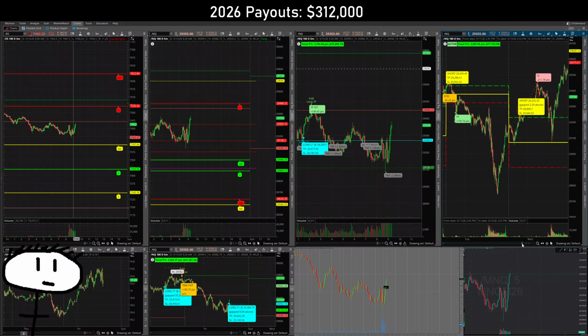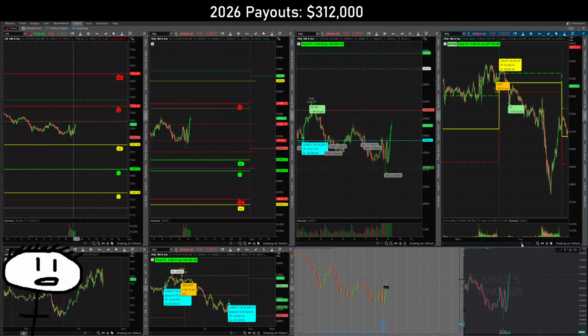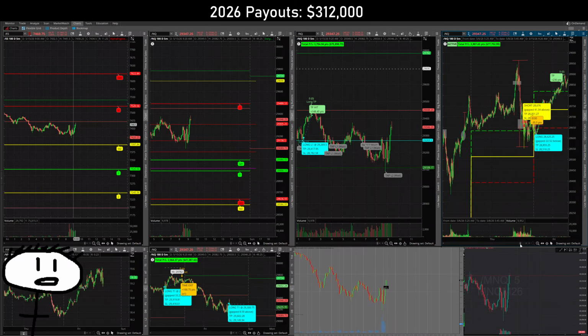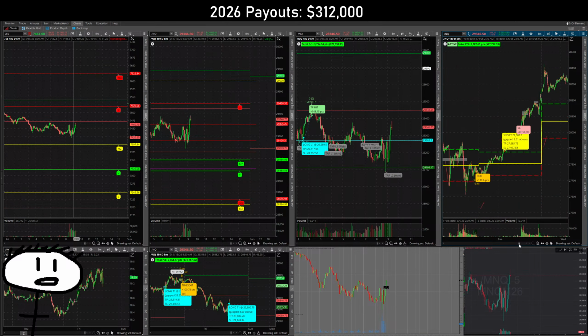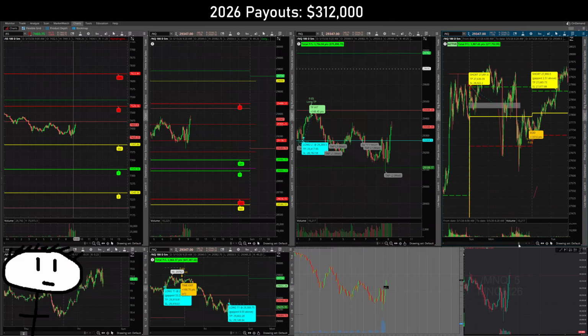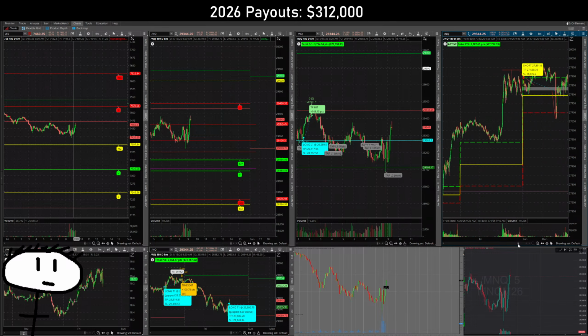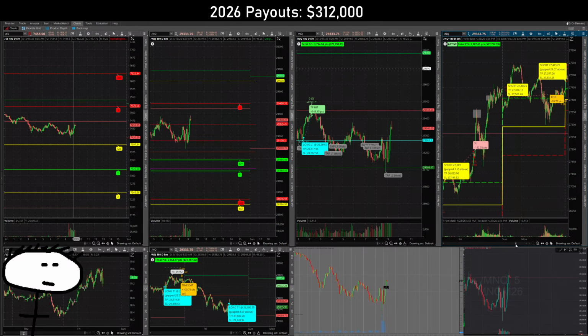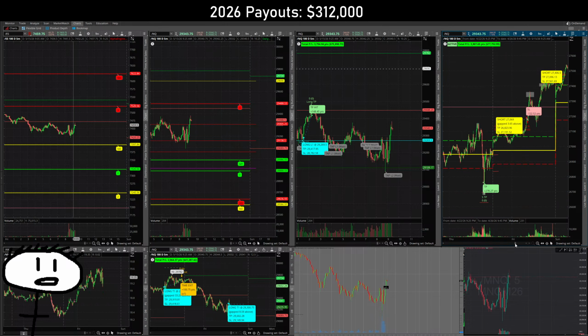So if I go over all my other entries here, right? It's only one trade per day, if it triggers. The RR is roughly 2, I believe. It should be 2.